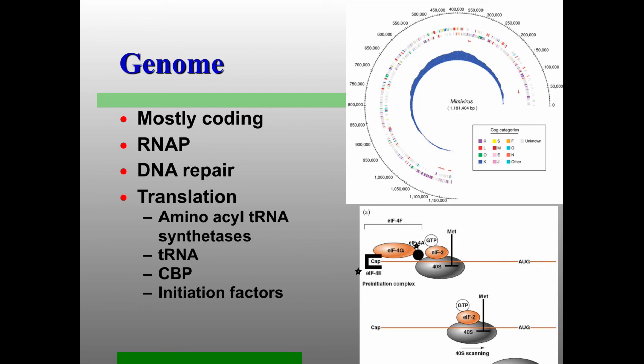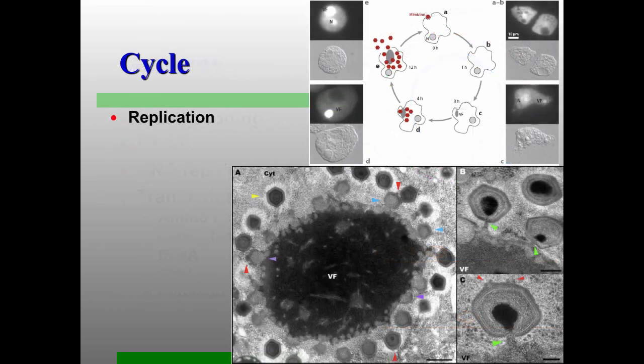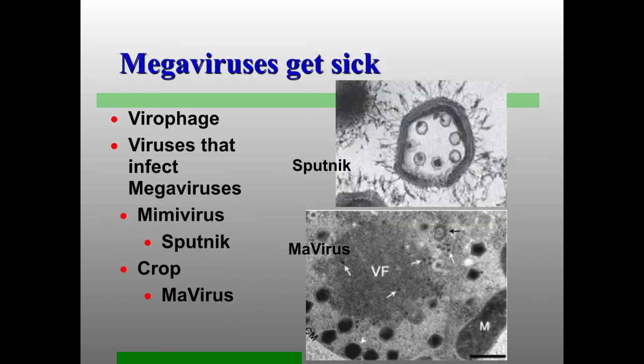They replicate again through virus factories outside of the nucleus, but with very large amounts of production of viral nucleic acid and viral proteins. These megaviruses, the giant viruses, have viruses that can infect cells that are infected by them.